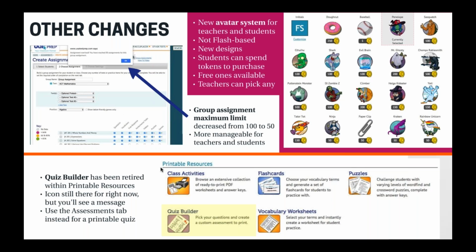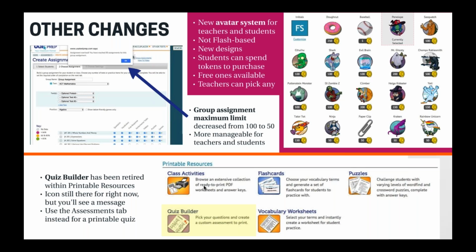And then on your resources page for your subject area, we took away the quiz builder. You'll still see the icon there for right now, but if you click on it, you'll get a message to let you know that it's been retired because this was really a duplicate feature of our assessment system. So if you need an assessment for printing, you can go to the assessments tab and just create it there.